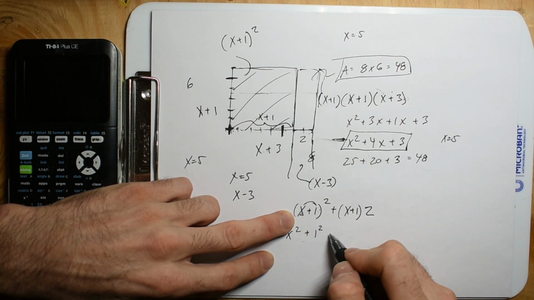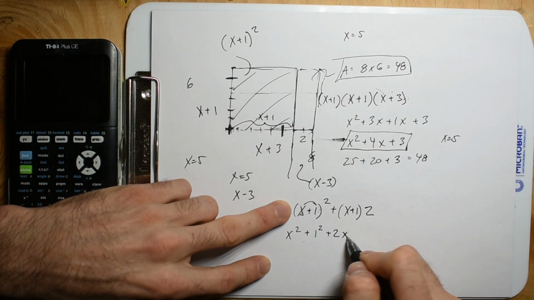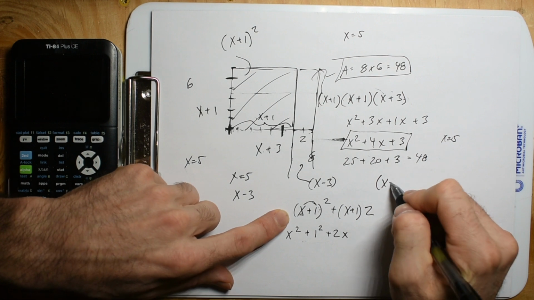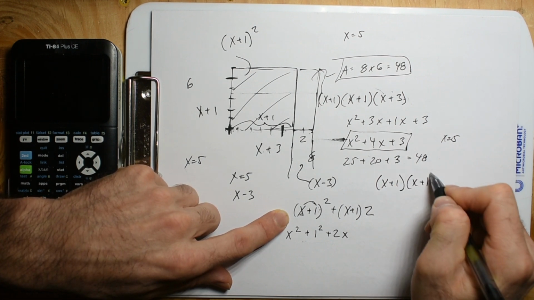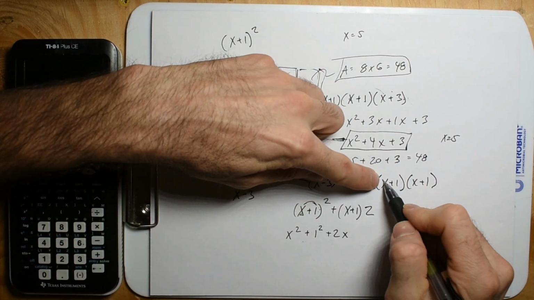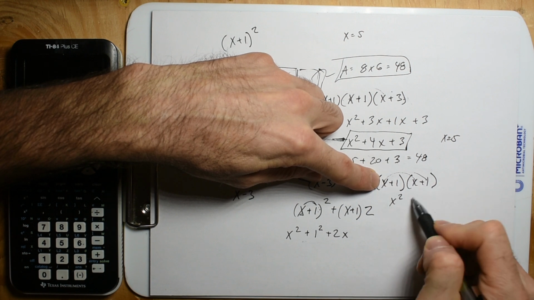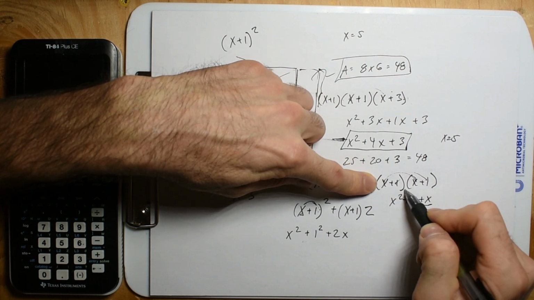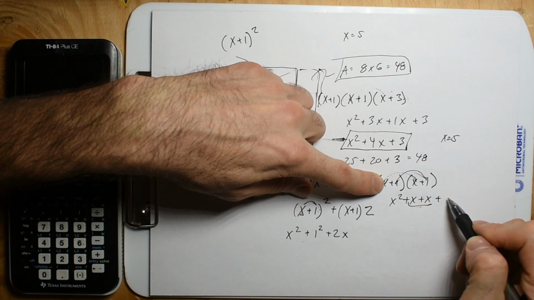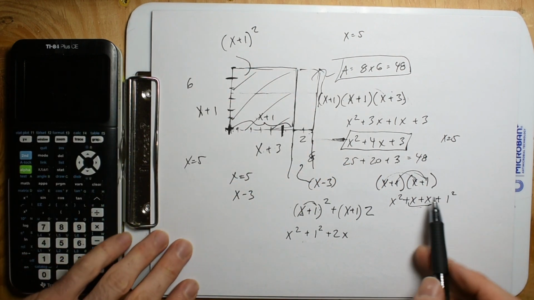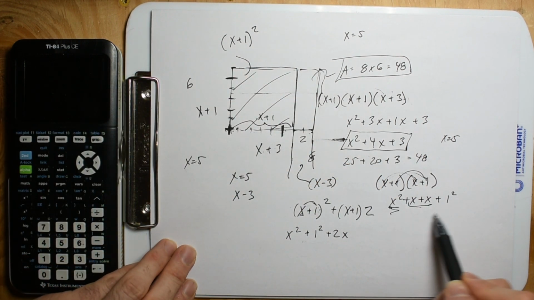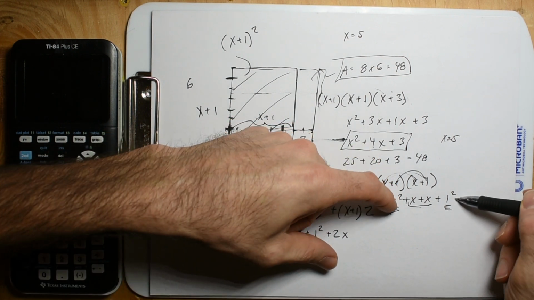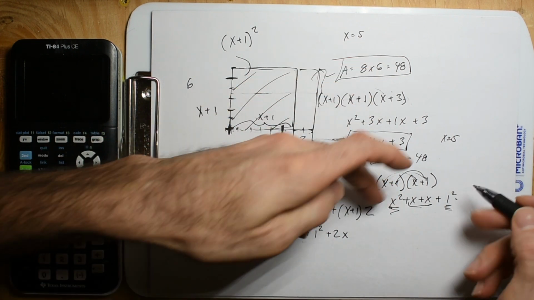So this is going to be 1x, it's going to be 2x plus 2x. That's how I do that fast. The slow process is probably better, I don't know. You would have x squared plus x plus another x. That's where we get that 2x. And then we'll just have 1 times 1 is 1 squared. Cool.